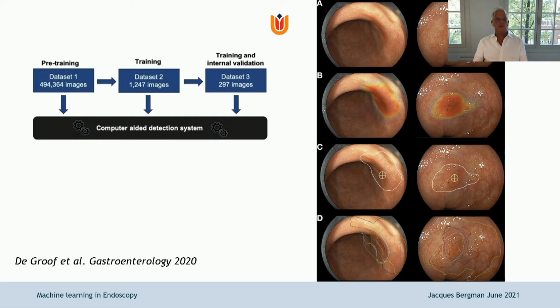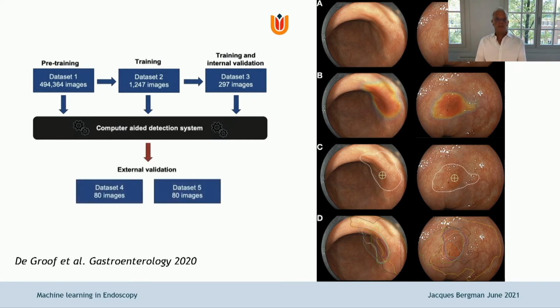Secondly, we had 2 quite big data sets, 1,200 images of cancer and non-dysplastic Barrett's in a 50-50% split, and a second high-quality image set of 300 images, all obtained with high-quality Fujifilm equipment. We only use that for pre-training, training, and the internal cross-validation that I showed you on my previous slide.